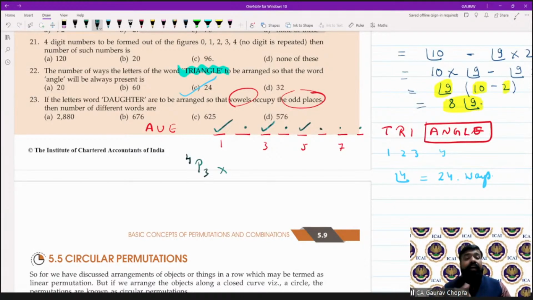They can be arranged in 5P5 ways. So 4P3 is 4 into 3 into 2, multiplied by 5P5 which is 120. On multiplying, we get the result as 2880.